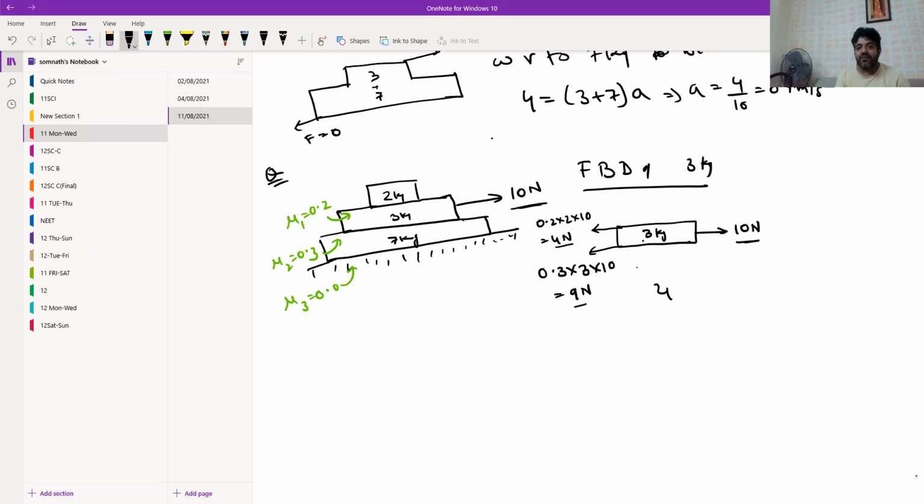So 4 plus 9, that is 13 Newton force, is greater than the 10 Newton force. That means that force is not sufficient to pull out the 3 kg block from between the 2 kg and 7 kg blocks. Yes or no? So we cannot pull out the 3 kg block from between the 2 kg and 7 kg blocks by using that force. That means they all stick together, right?